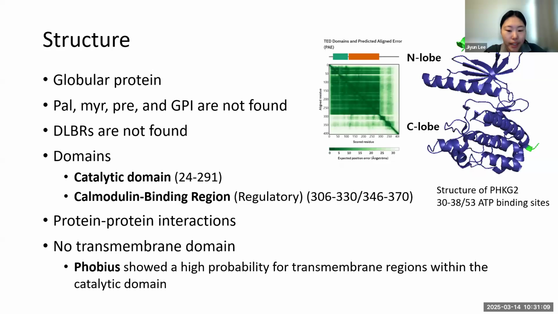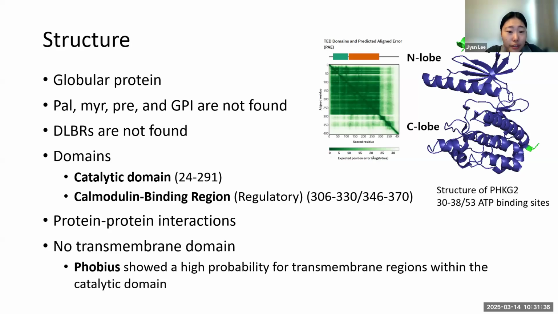Structurally, phosphorylase B kinase is a globular protein with around 400 residues. It likely lacks post-translational modification sites and disordered binding regions. The protein consists of a catalytic domain, which makes up the majority of the protein, and calmodulin binding regions located at the C-terminus of the protein.